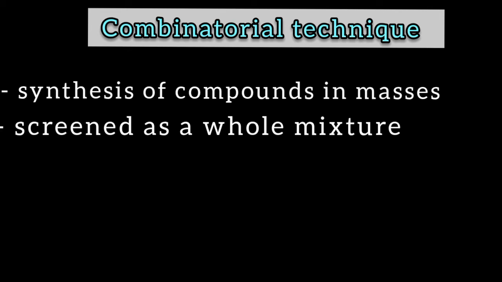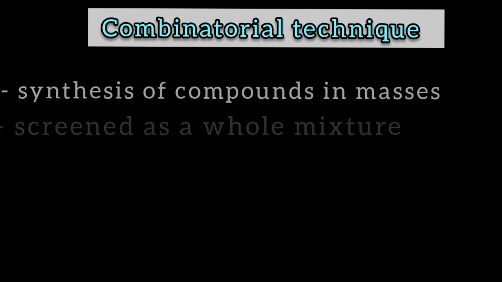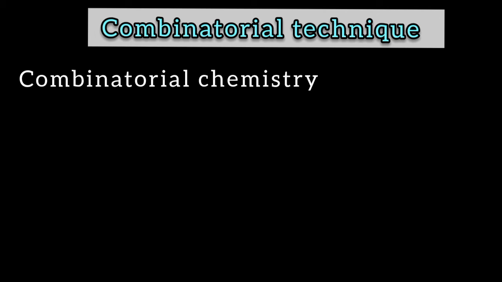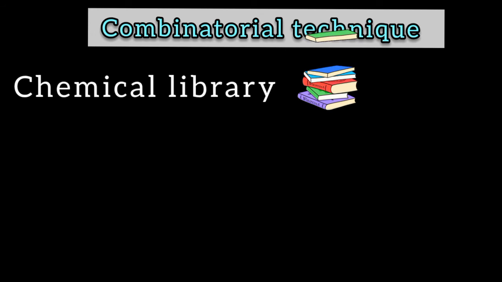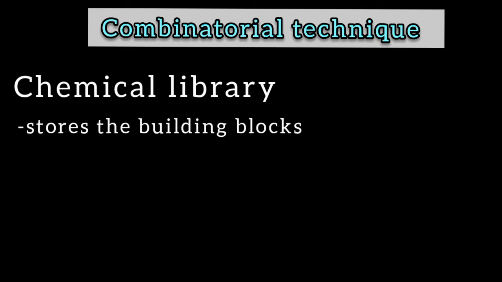This technique is based on a concept from combinatorial chemistry, which is defined as the systematic and repetitive covalent connection of a set of different building blocks of varying structures to each other to yield a large array of diverse molecular entities. The combinatorial technique includes a chemical library which stores the building blocks, which are covalently linked, repetitive and systematic.